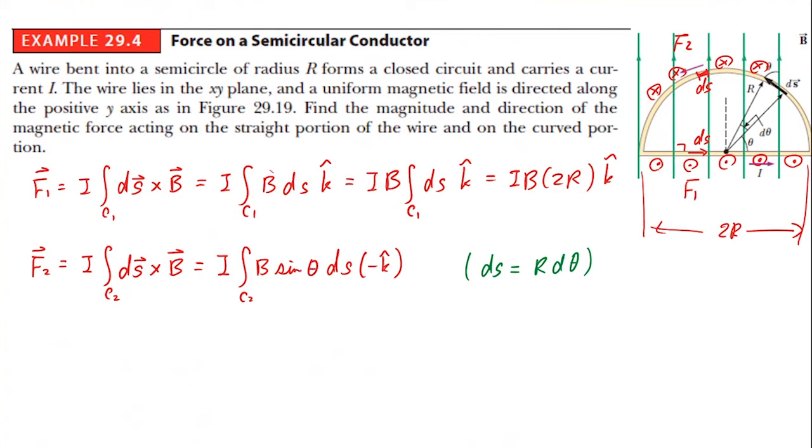So what we have now is, take the negative sign out here, and I and B now are constant. And the only thing that varies due to this angle is sine theta. And then we can put d theta, and then k vector here. Right? And theta will vary from 0 to pi, the general angle: 0 radians here, and pi radians there.